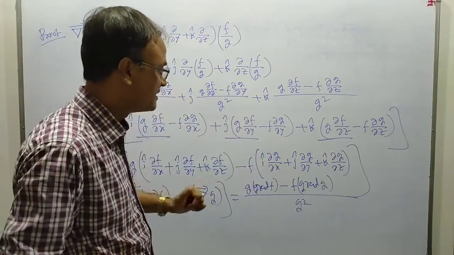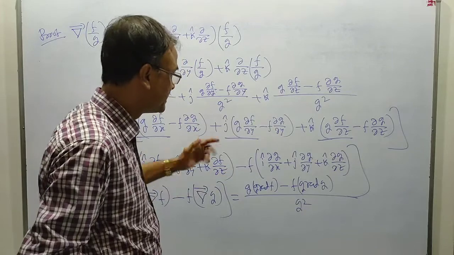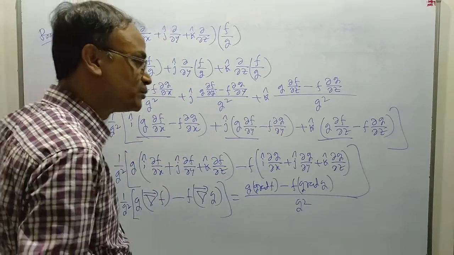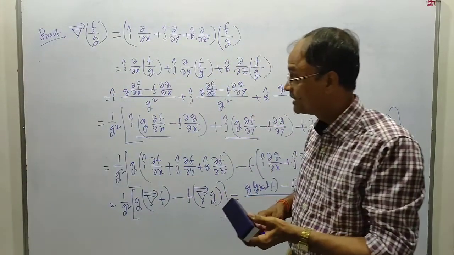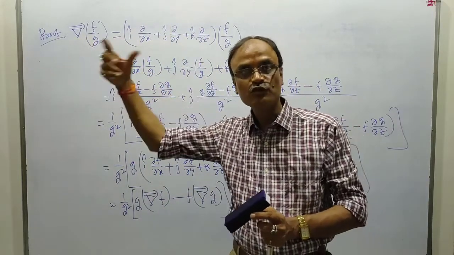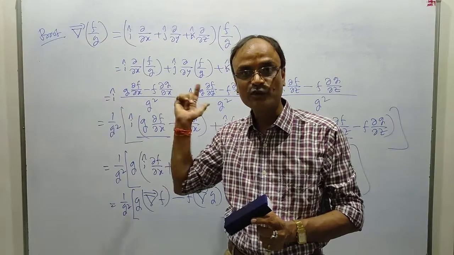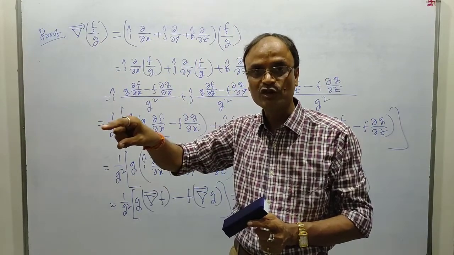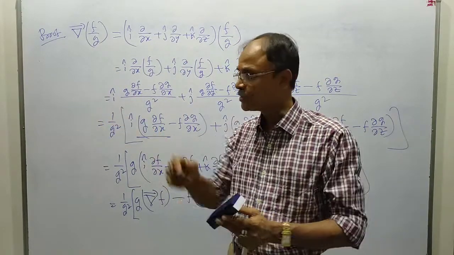Thus, as in differentiation, the differentiation of the quotient of two functions equals the denominator into differentiation of the numerator minus the numerator into differentiation of the denominator, divided by the square of the denominator.